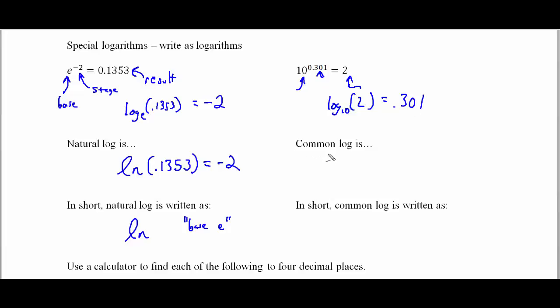This is an example of common log, because common log is in base 10, so this can be rewritten as just log. We don't actually put the 10 here, and you can see that in every graphing calculator you can click the log key, which would give you base 10. So if you click log, parenthesis to parenthesis, this will give you an approximation of 301 thousandths. So in short, common log is written as log, or base 10.